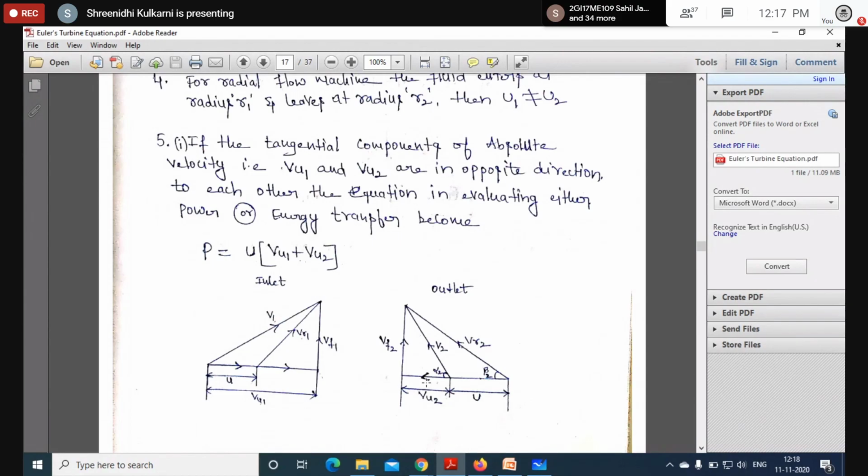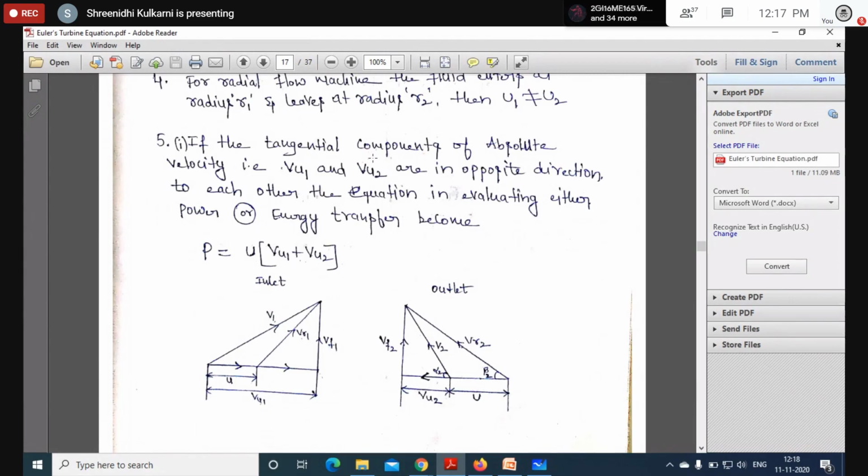The reason is, while solving the power equation or the energy transfer equation, up to here we discussed E is equal to VU1 U1 minus VU2 U2. But see here, I have written positive. So why?